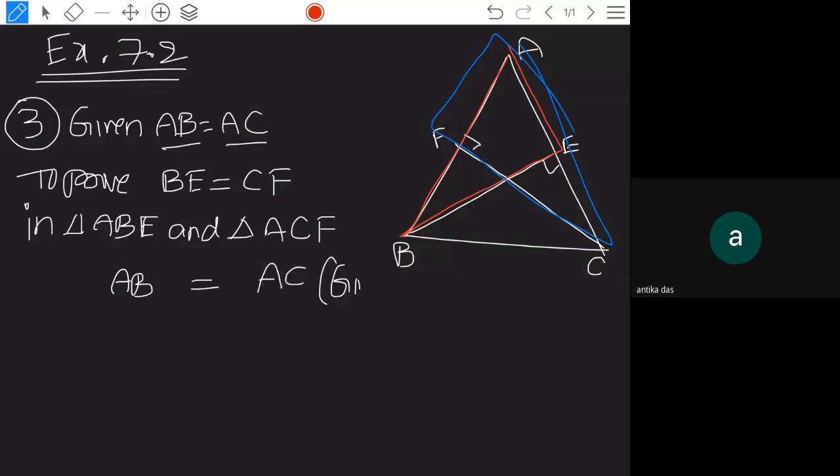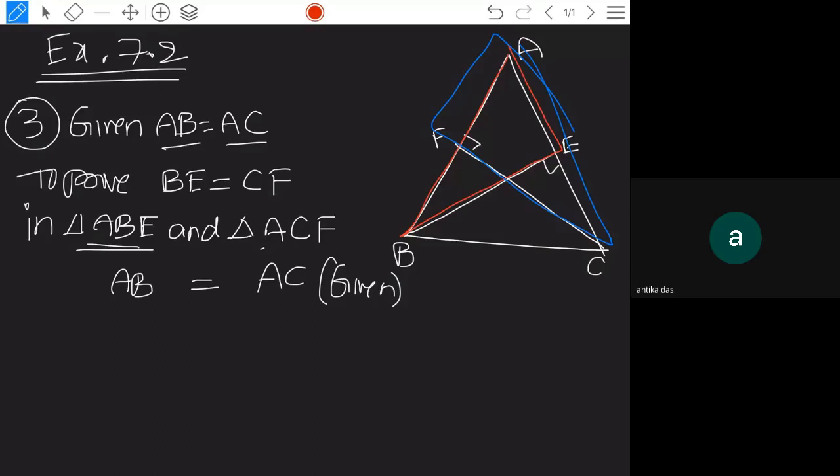Is it okay? Yes, sir. This is given, and as well it is given that BE is perpendicular to AC and CF is perpendicular to AB. So these are 90 degrees, both triangles are right angle triangles.